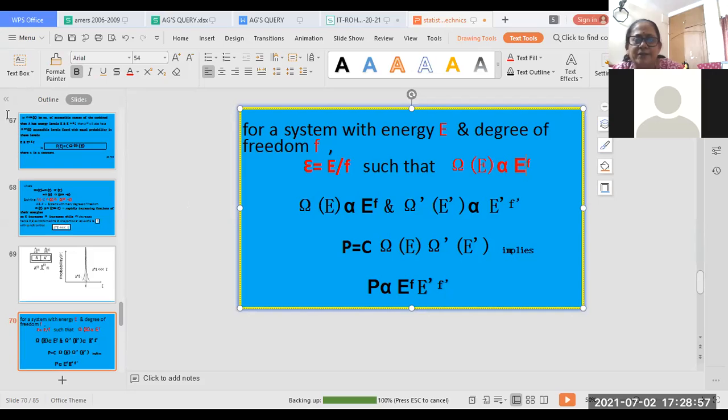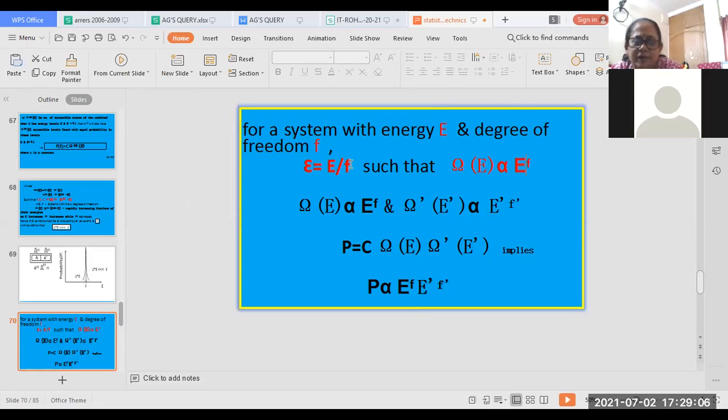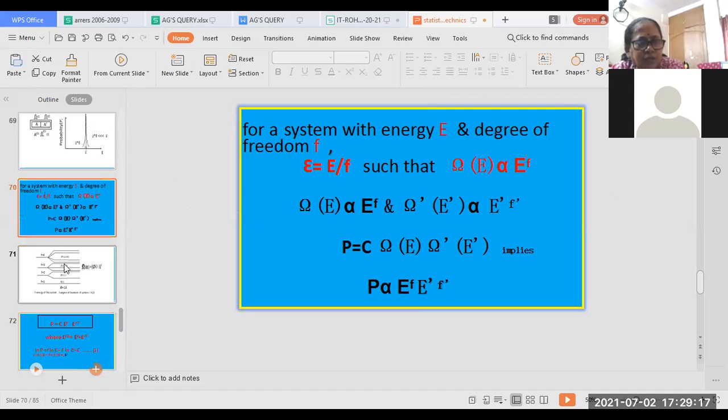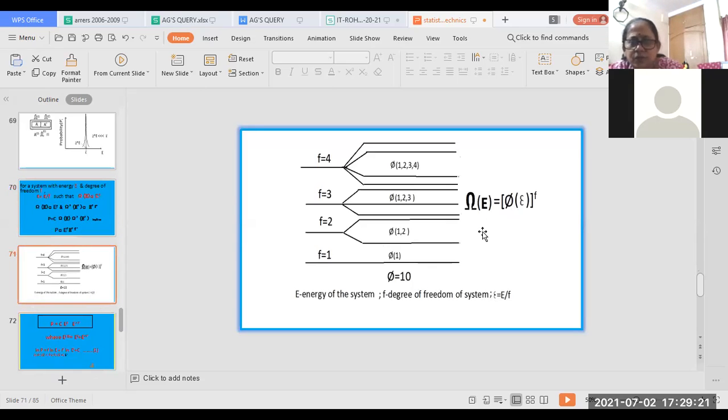I have defined two energies. One is the energy per unit degree of freedom. For system A it will be E by F, and for A dash it will be E dash by F dash. So whatever energy values you use, take care of that in the equation.